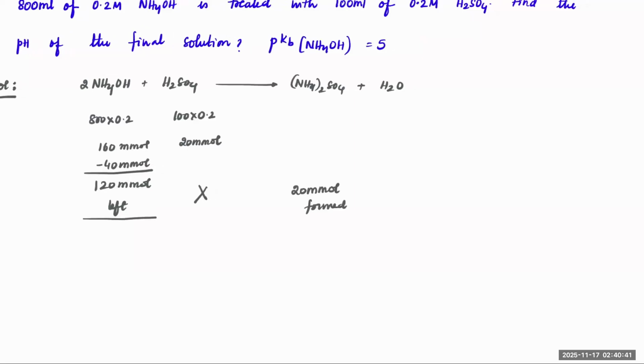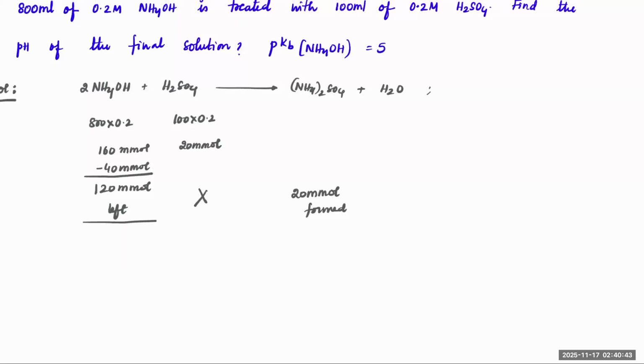but not the salt ion, which you can clearly notice from here, that when it comes to ammonium sulfate, that also will ionize in aqueous solution to form 2 moles of NH4 plus and SO4 2 minus. So if this is 20 millimoles, this entire thing will convert into 40 millimoles of ammonium and 20 millimoles of sulfate.